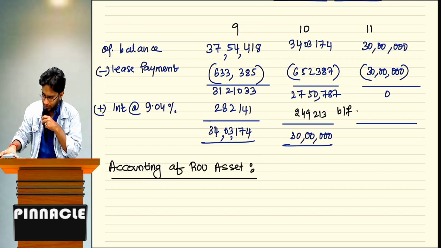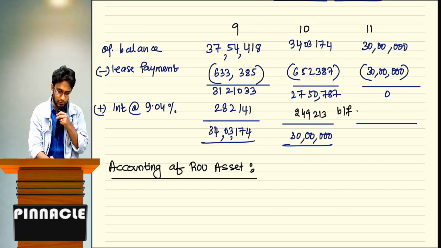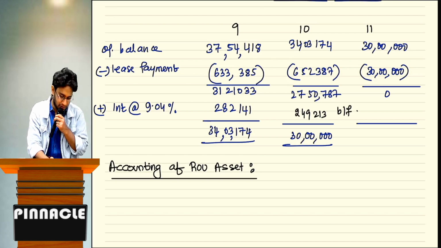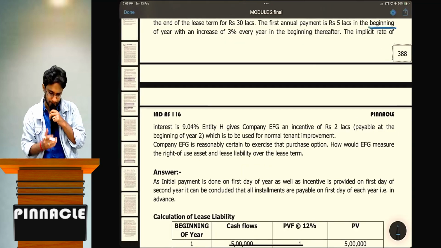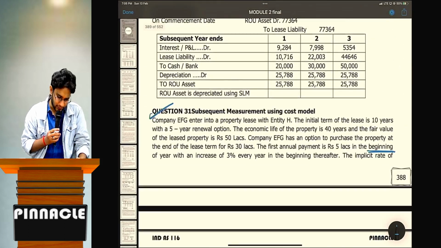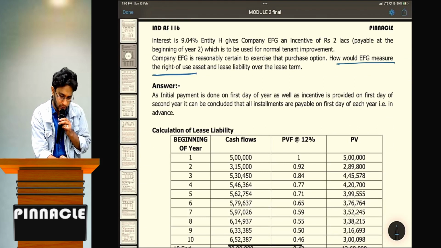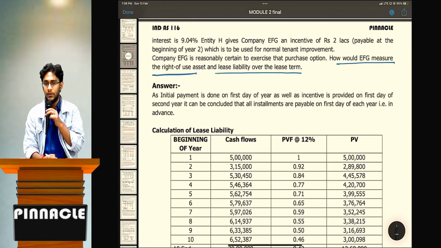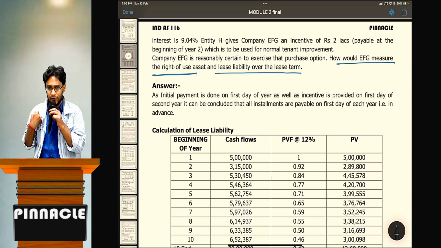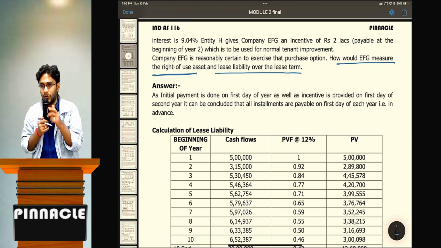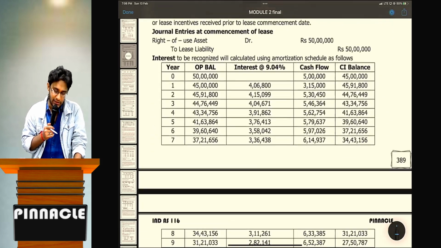Sir, see the question he asked and the answer he wrote, they both are not matching. But see what we have to do. Ideally, what he asked in the question is, how would EFG measure the ROU asset and lease liability over the lease term? Lease liability over the lease term we have shown. But the ROU asset also over the lease term we have to show, no. But he didn't do that.